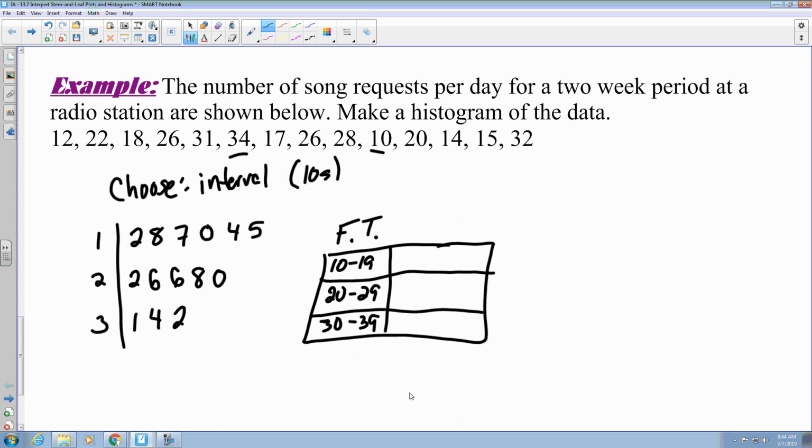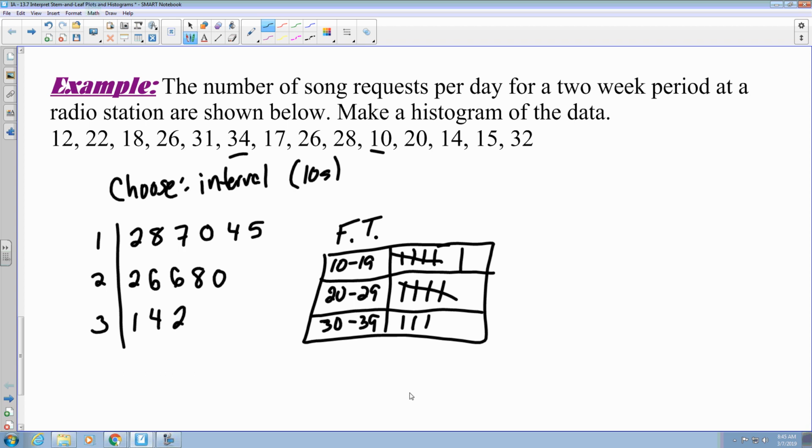Between 10 and 19, looks like I got 1, 2, 3, 4, 5, 6. And between 20 and 29, I got 1, 2, 3, 4, 5. And then finally 30 through 39, I got 1, 2, and 3. So that's my frequency table.